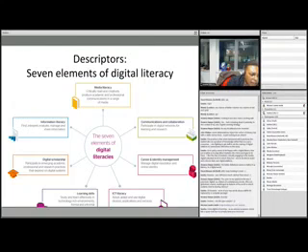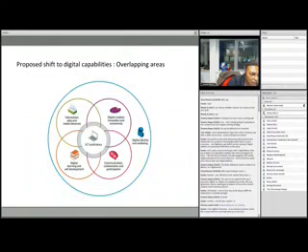And then a later idea, a shift away. It's still the same ideas, but I quite liked this overlapping circles, because at the heart of it is comfort and being able to not be afraid of ICT and being proficient in it.